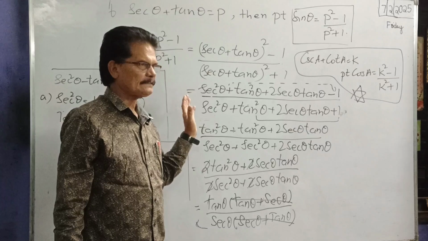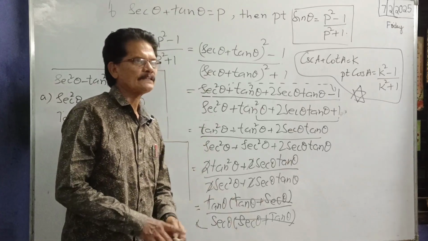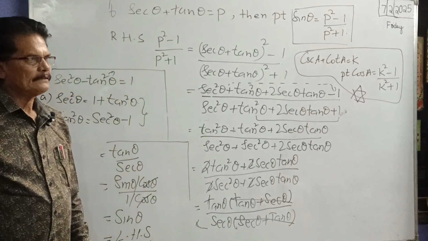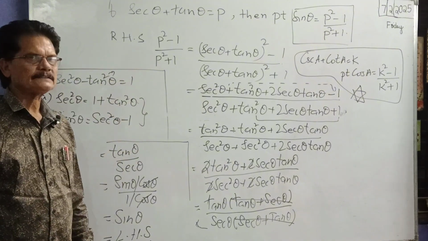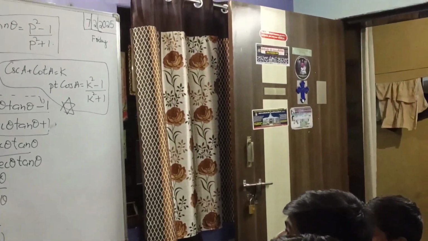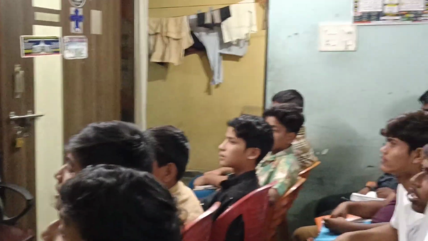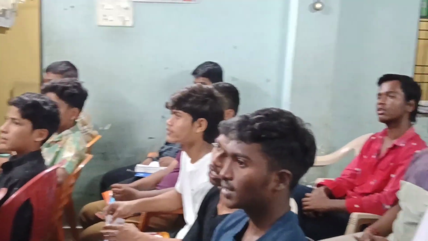So did you get this question? Which identity did we use here? Sec square theta minus tan square theta. Out of that, did we get sub formulas? What is the first sub formula?